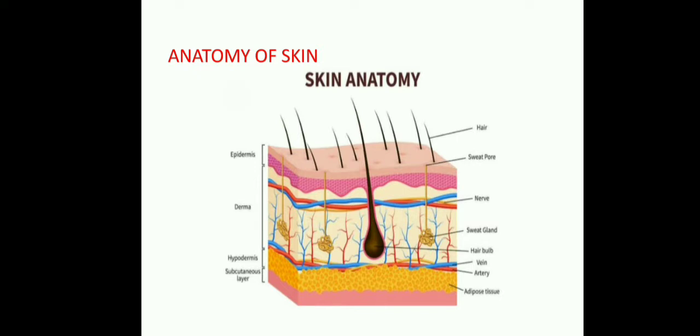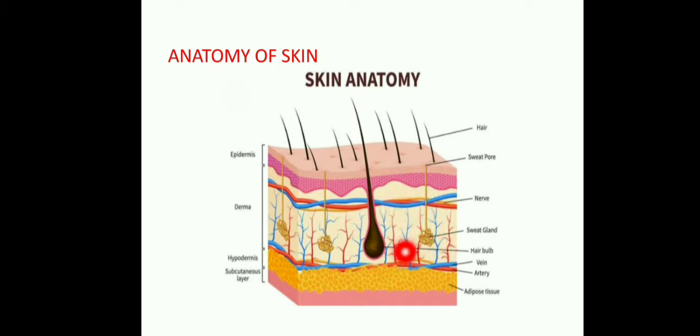First, we will check the anatomy of the skin. The skin has layers: the first is the epidermis, then the dermis, and then the subcutaneous layer. Mainly there are three layers: epidermis, dermis and subcutaneous. Now the parts of the skin: this is the hair and these are the sweat glands, these are the nerves and here the hair bulb is there.